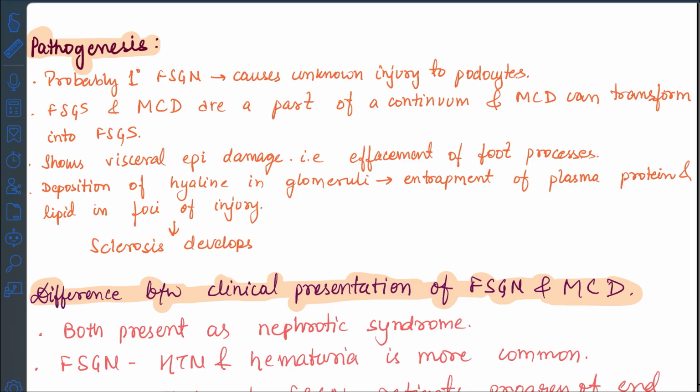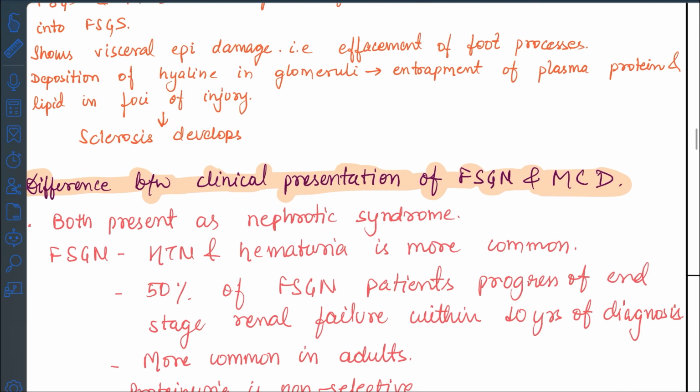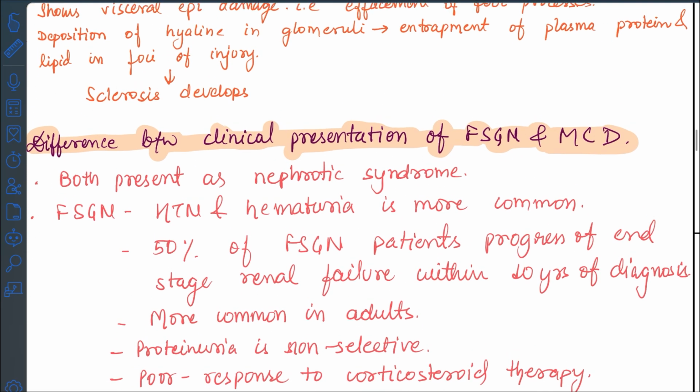There is effacement, or we can say there is damage to the foot processes. There is also deposition of hyaline in the glomeruli and entrapment of plasma protein and lipid in the foci of injury, which further leads to sclerosis. So the main pathogenesis here is effacement of foot processes of visceral epithelial cells or podocytes and the deposition of hyaline in glomeruli, further leading to sclerosis.